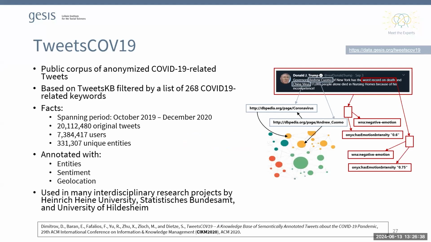The first example is TweetsCOV19, which is very related to TweetsKB because it's a subset of TweetsKB. It's a public corpus of anonymized COVID-19 related tweets. So it covers COVID-19 related online discourse on Twitter from October 2019 until December 2020, with a little more than 20 million tweets, and it's again annotated with different pre-computed features, and actually used in many research projects by different institutes.